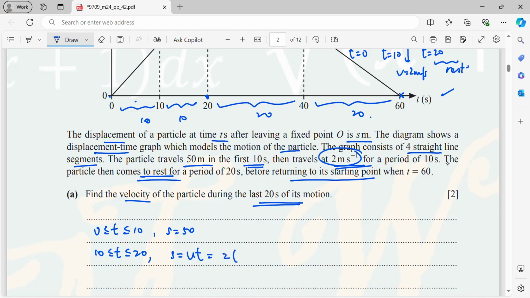So it's 2 times 10 seconds. That is 20 meters. So from here, I know that from 0 to 20 seconds, the total distance traveled will be 50 plus 20. That is 70.